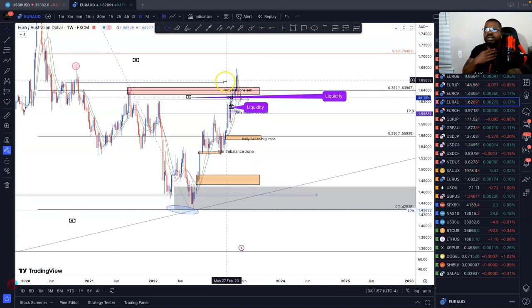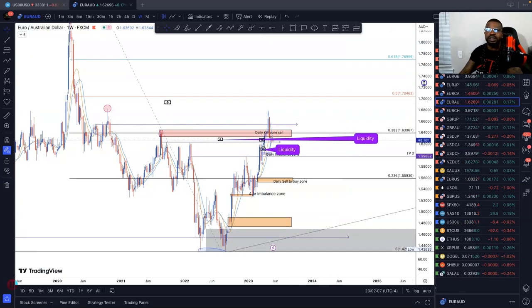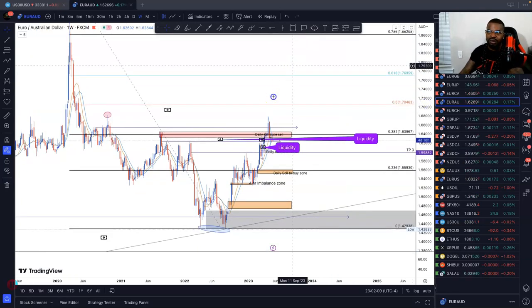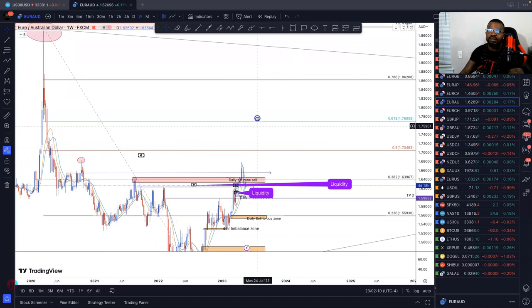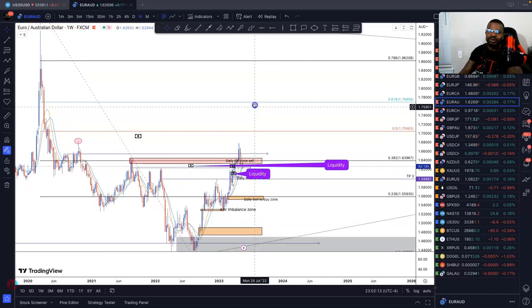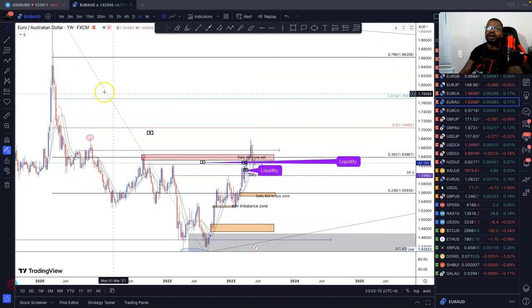Okay. Oh. All right. So as far as the macro perspective with Euro AUD, right now, prices pulled back to this 382 level on the fib.